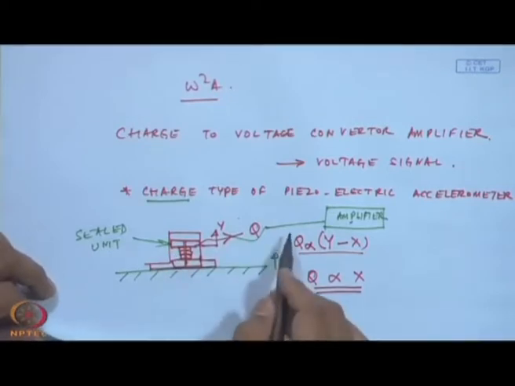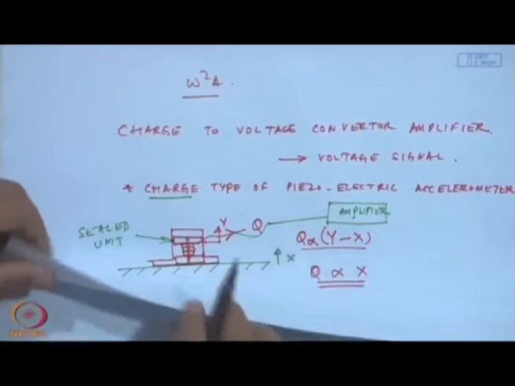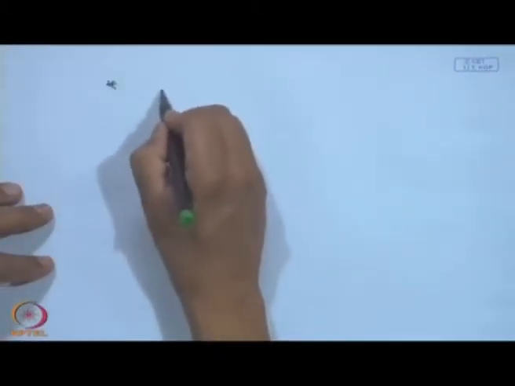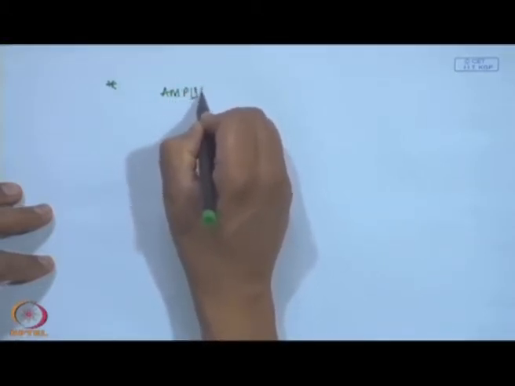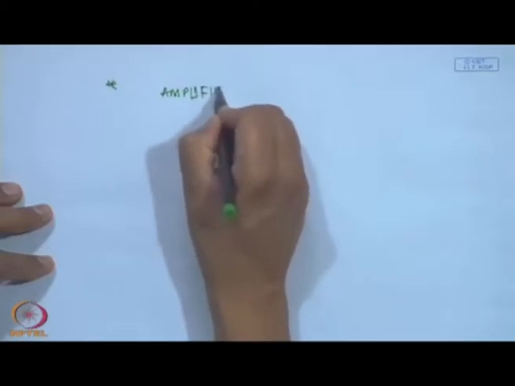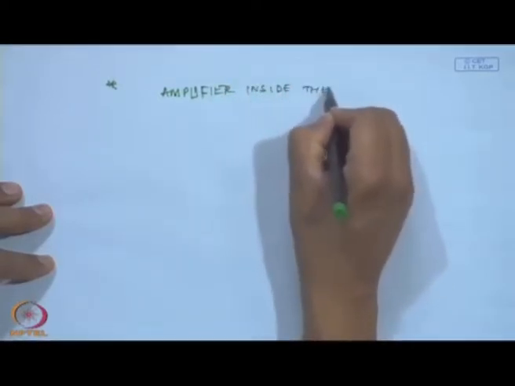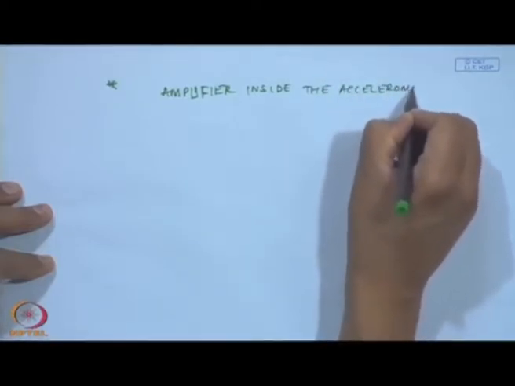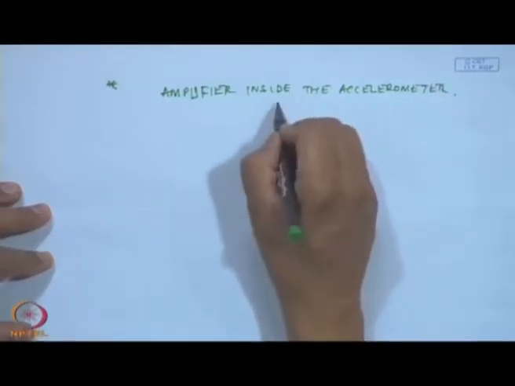So, with the miniaturization of electronics, what has happened is people have put the amplifier inside the accelerometer, in a small IC chip.